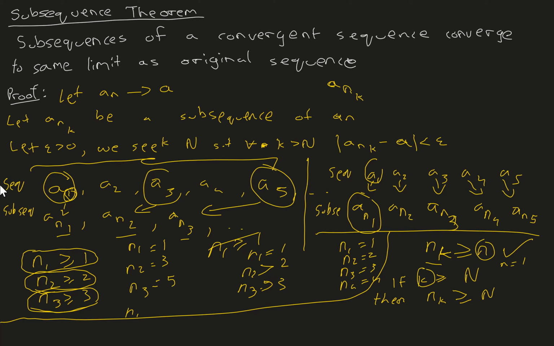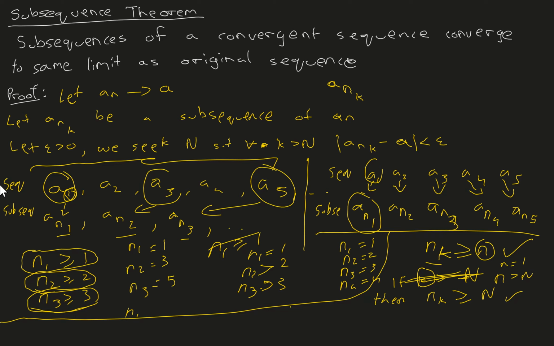I'm just using different terms so that you don't get confused, or let me just use the same term. If k is greater than or equal to N, so Nk is greater than or equal to k, and k is greater than or equal to N, so we get that Nk is greater than or equal to N. And that's what we wanted right here.